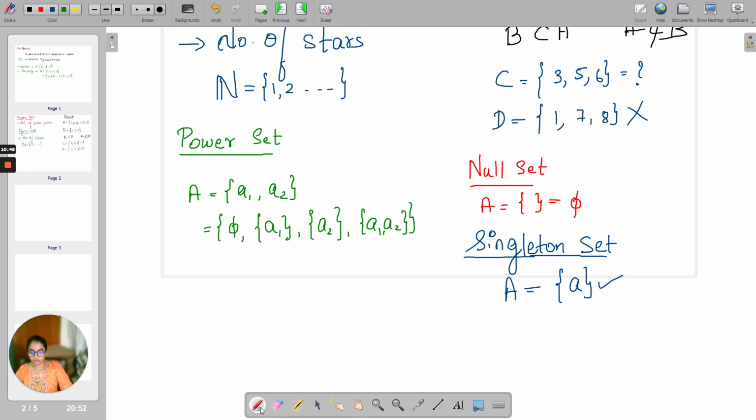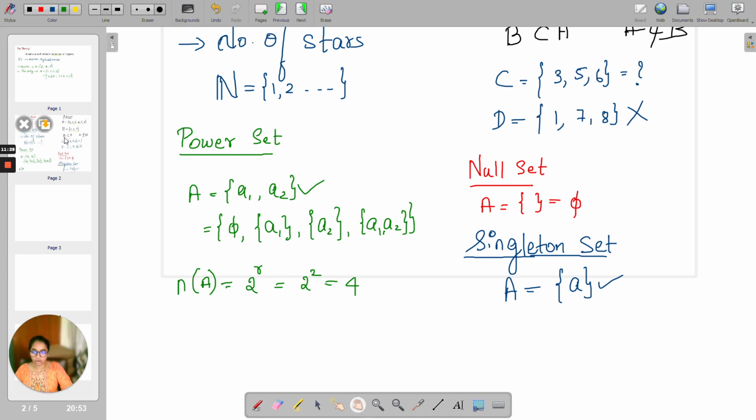The number of subsets the given set A can have is 2 to the power n, where n represents the number of elements in the set A. So how many elements does the set A contain? 2, right? So that would be 2 squared, which is equal to 4. Does this set contain 4 subsets? Yes, 1, 2, 3 and 4.